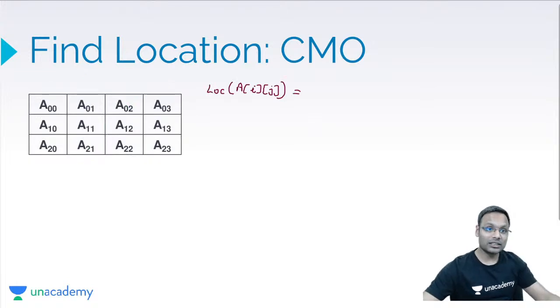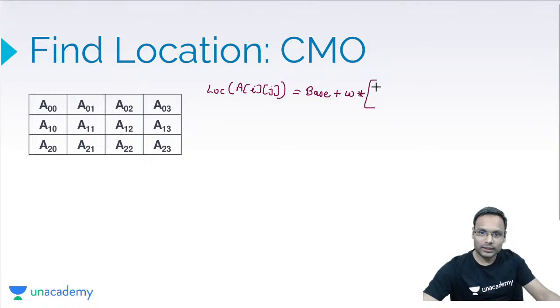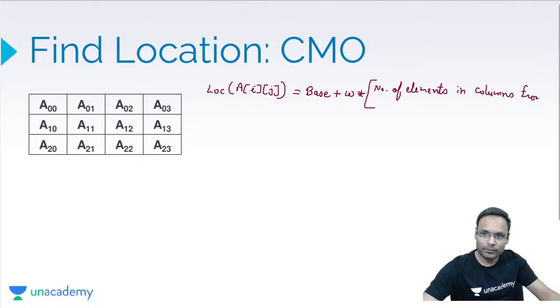So the basic formula I am writing is: base plus w into number of elements in columns from lower bound of j to j minus 1, plus extra.